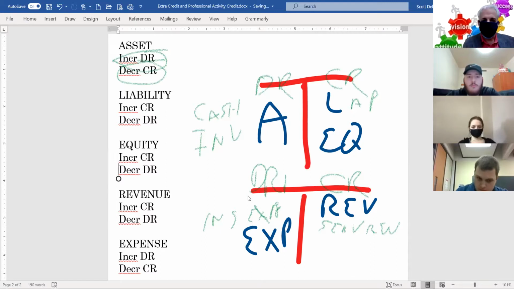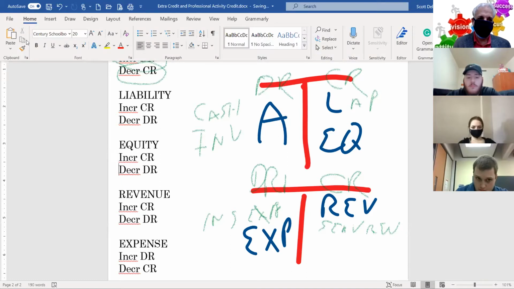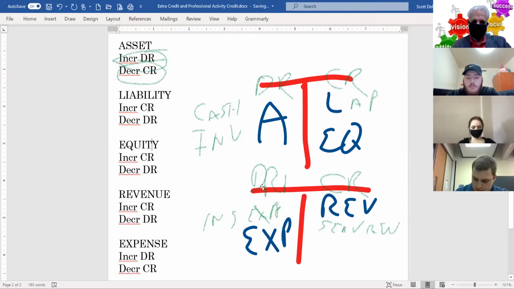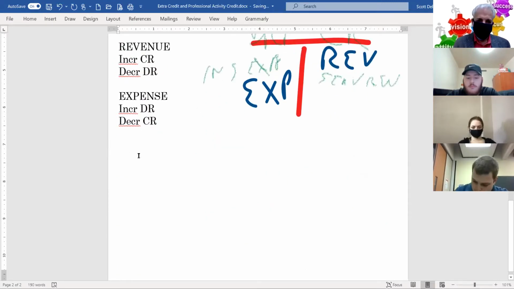So let's go through a couple of transactions. Let's go and buy something. First, let's say $5,000 worth of inventory. First thing you do is type in the numbers.